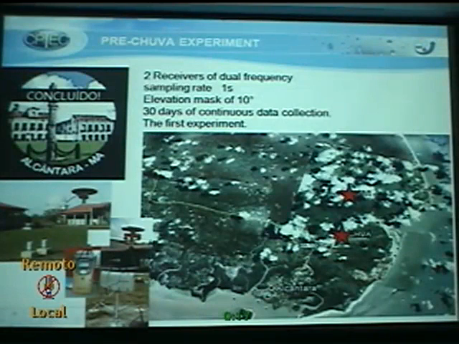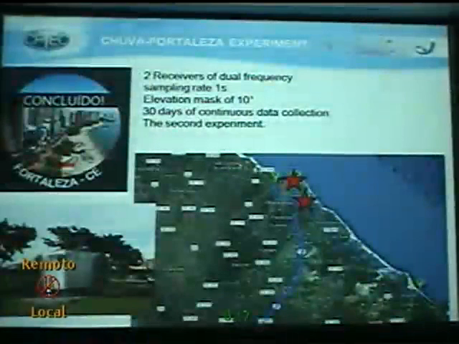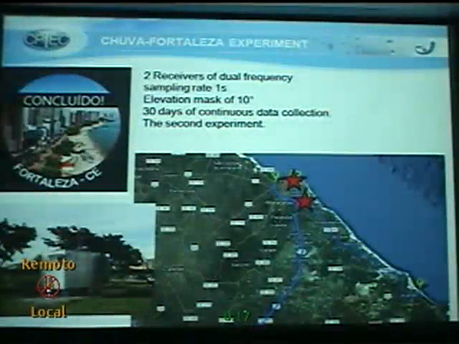Sample rate 1 second, elevation mask of 10 degrees, 30 days of continuous data collection in the first experiment. In the second experiment, 2 receivers were used in Fortaleza, with a similar configuration for the data collection.